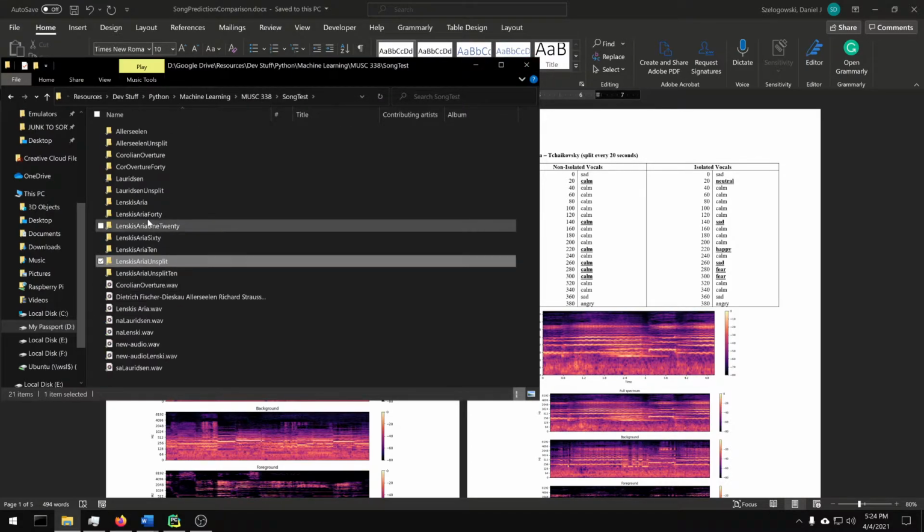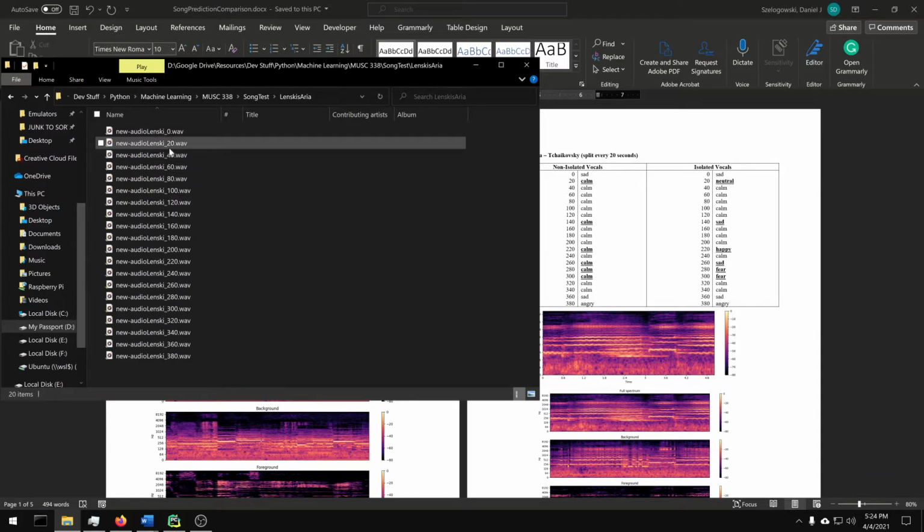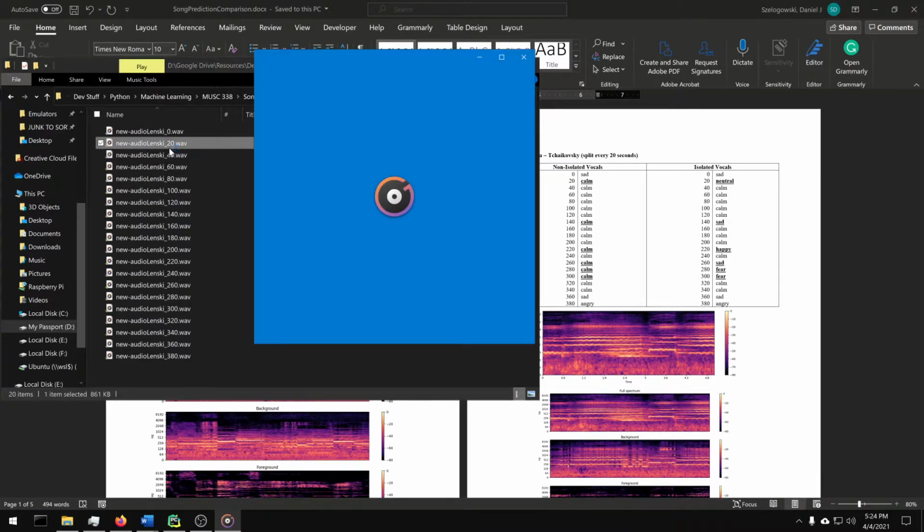And the same thing split into 20-second segments with isolated vocals.